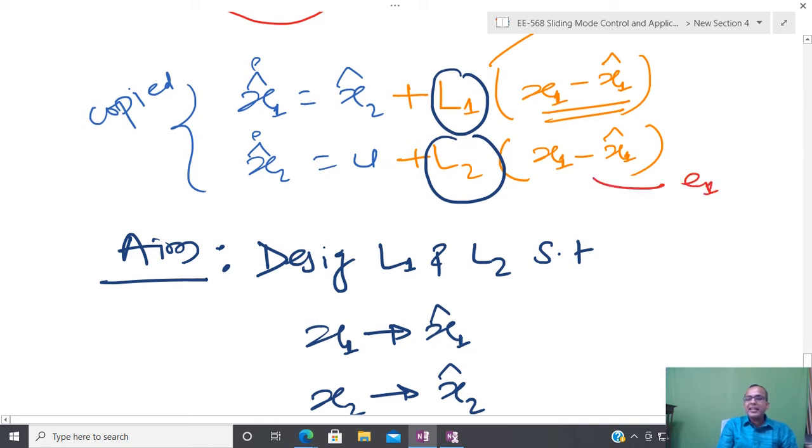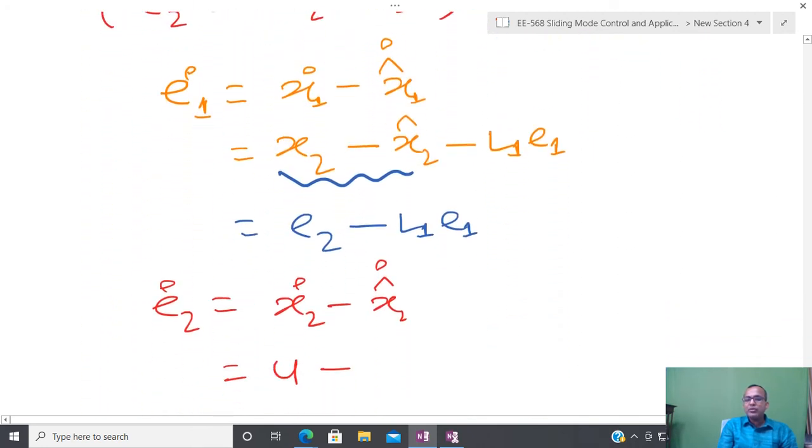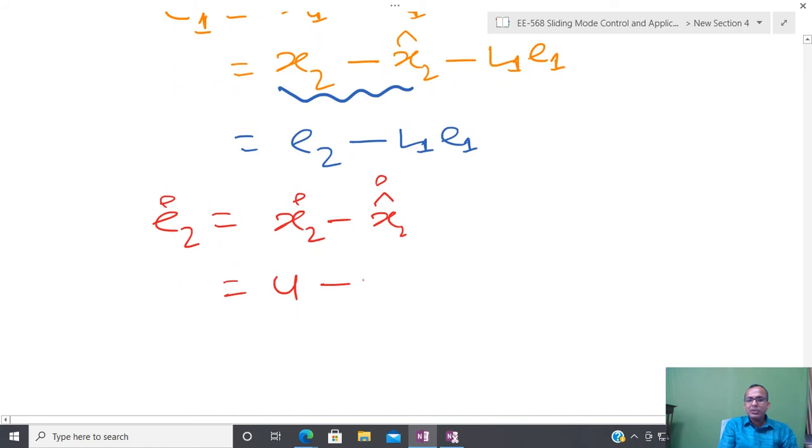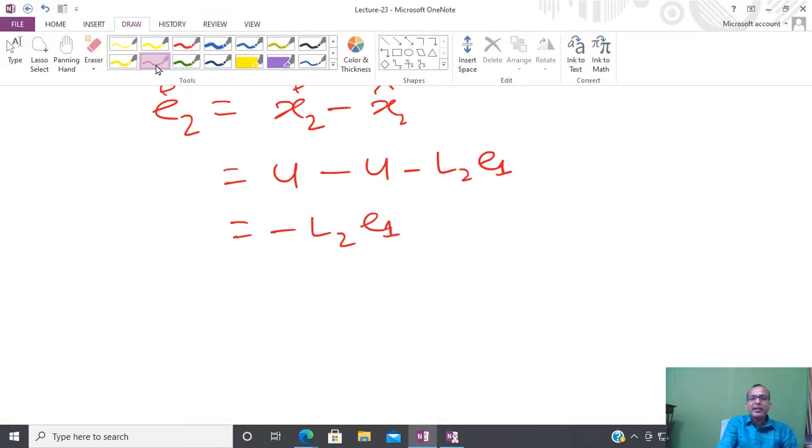So I can write it as u minus u minus L2 into E1. These two u quantities cancel out, so I have minus L2 into E1.